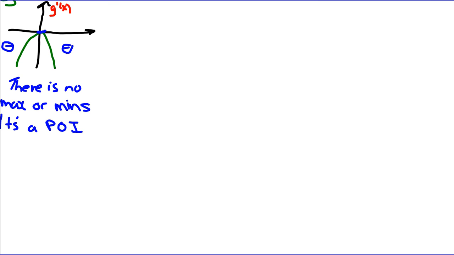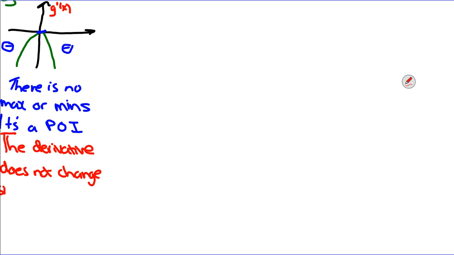So you could say the value of the derivative does not change sign after the stationary point. That's another extra thing you can put in as a reasoning. Because maximums, minimums, points of inflection, they're all types of stationary points.